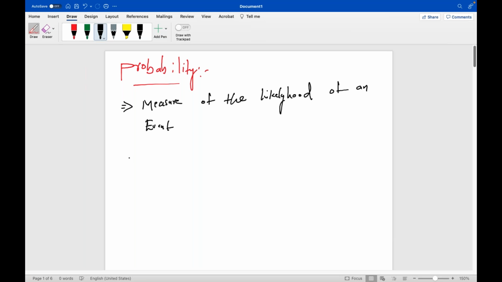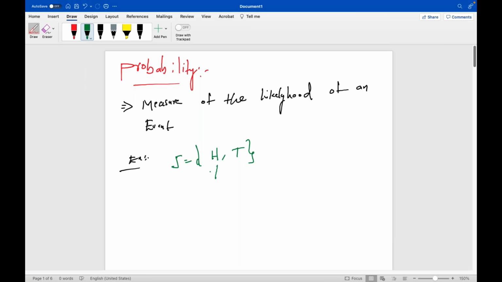Let me consider a small example to understand what exactly probability is. You have a coin and you toss the coin. What could your results be? It can be tail or it can be head, right? When you toss your coin, you get only two options, either head or tail.